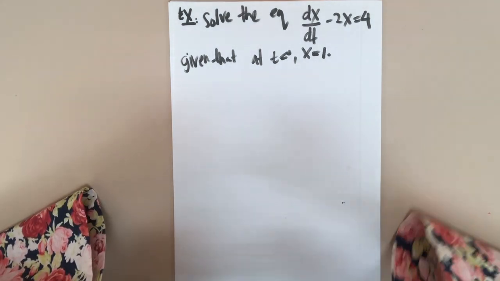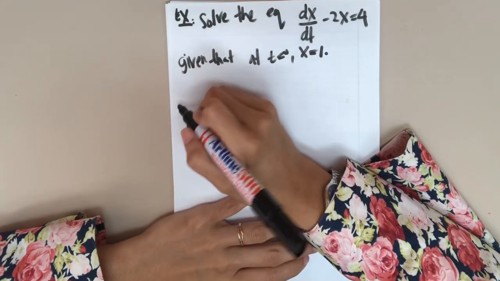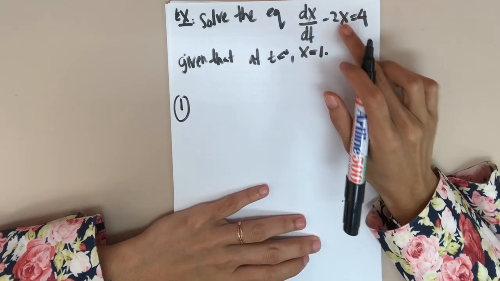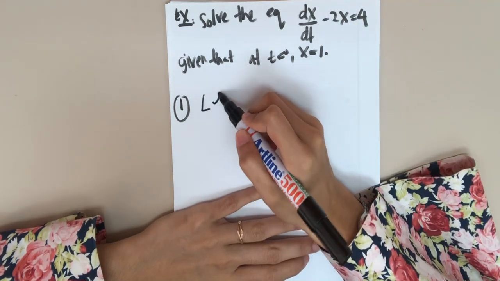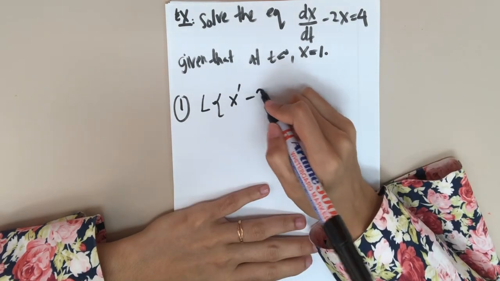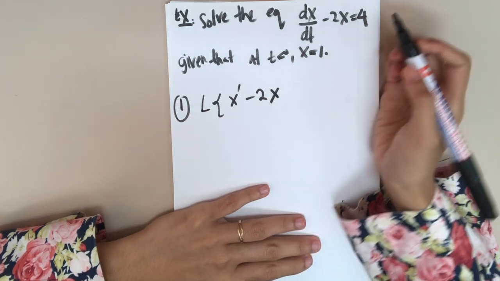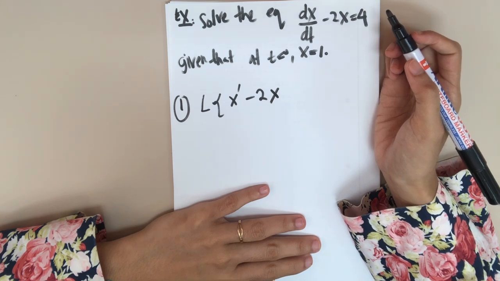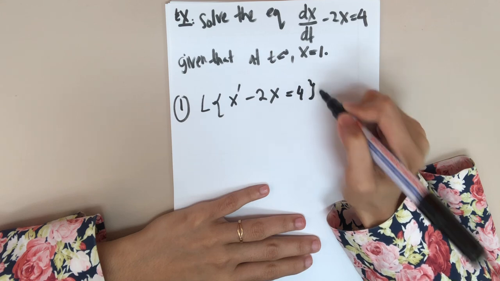So we just follow the steps that I already showed you in the previous video. You need to rewrite your equation in terms of Laplace transform. So the equation will be the Laplace transform of x prime minus 2x, equal to the Laplace transform of 4.